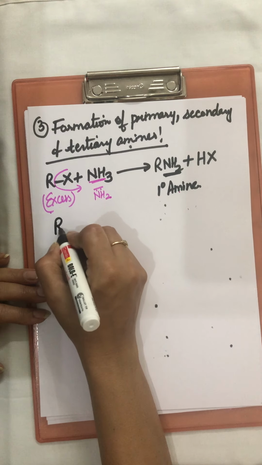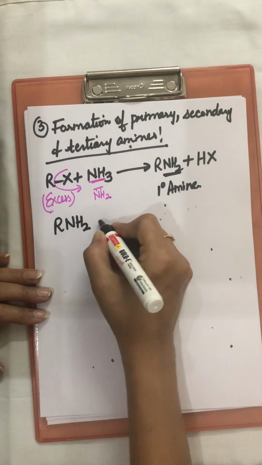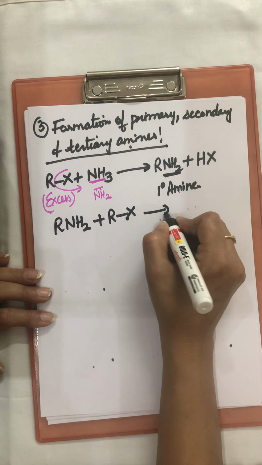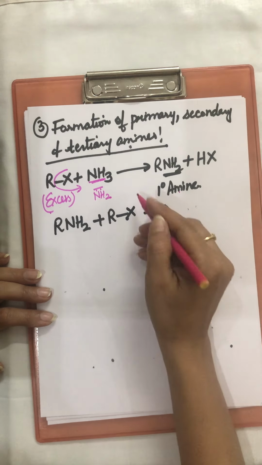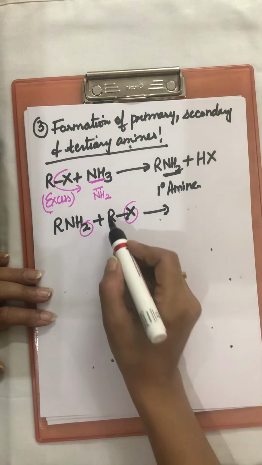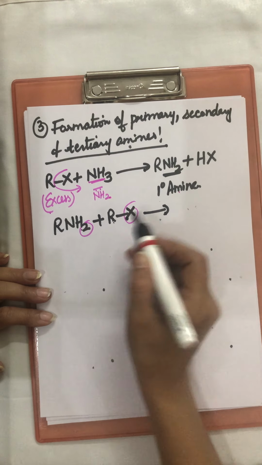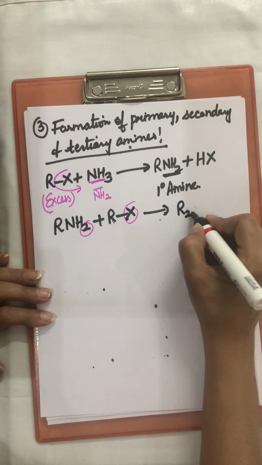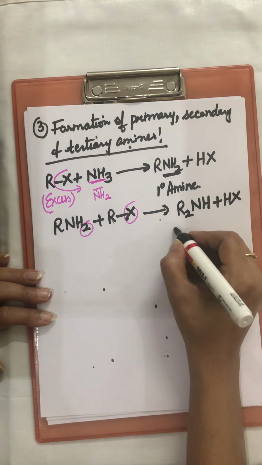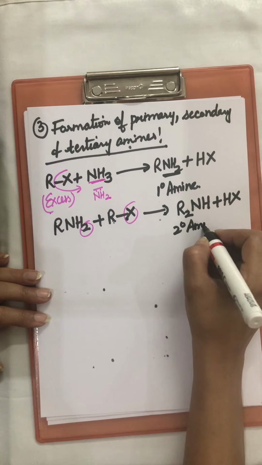So the reaction will continue. Primary amine is attacked by this haloalkane and now also X and H come out and in place of H there will be R. So this compound will be R2NH plus HX. Secondary amine will form.